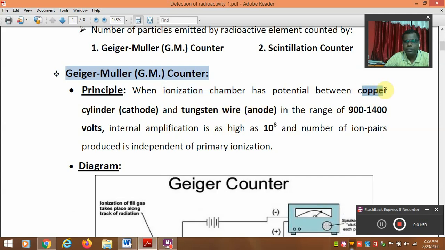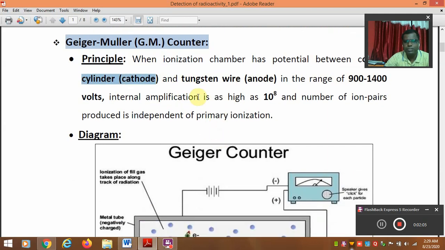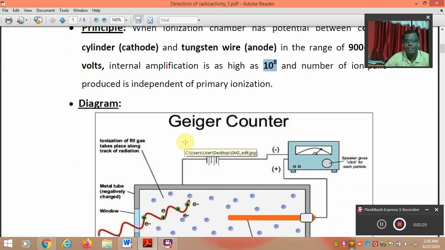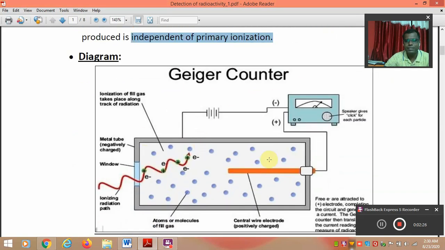The copper cylinder acts as the cathode, and the central tungsten wire acts as the anode, when 900 to 1400 volts is applied. Internal amplification takes place in the order of 10 raised to 8, and the number of ion pairs produced is independent of primary ionization.